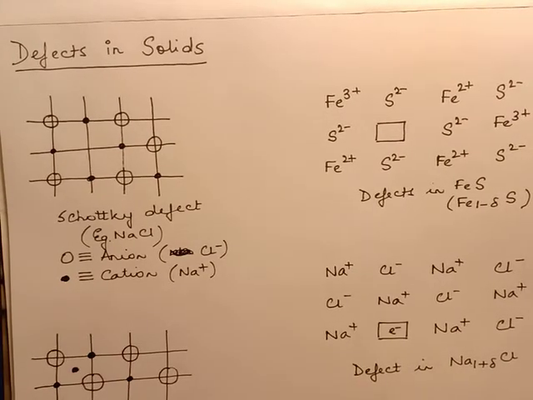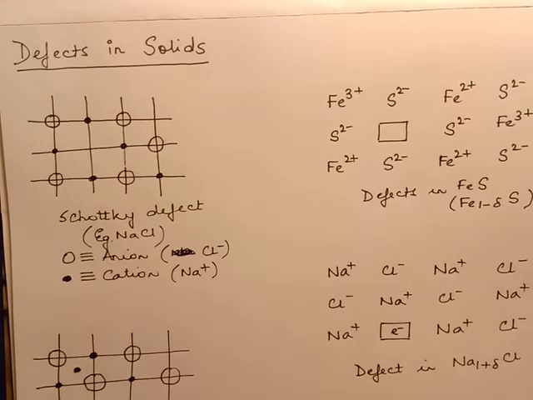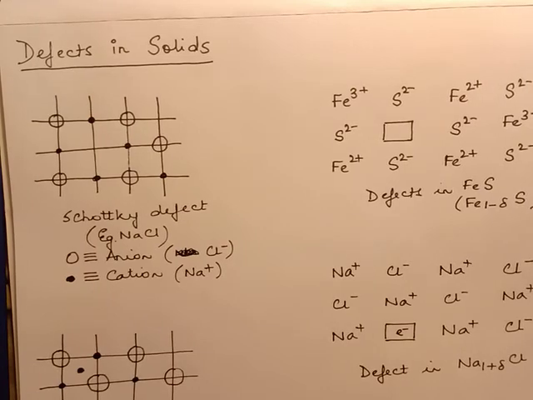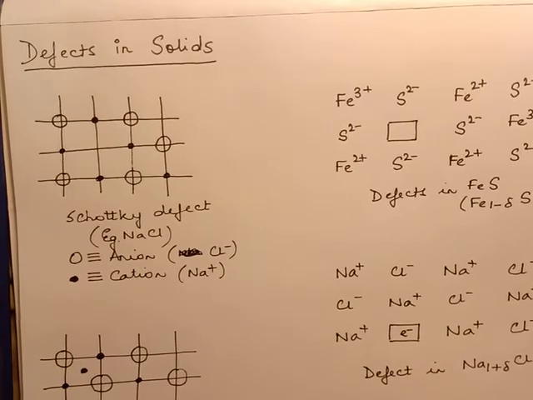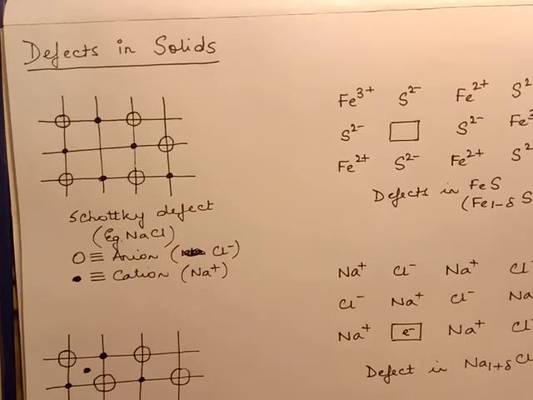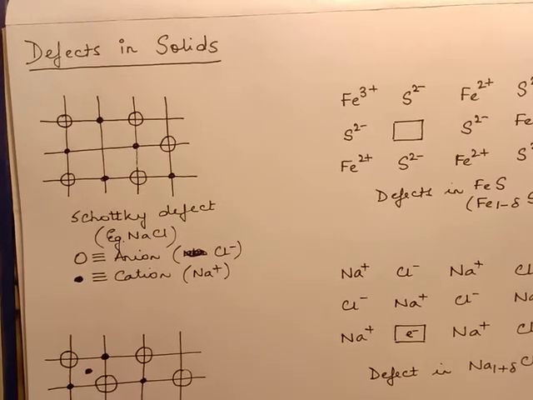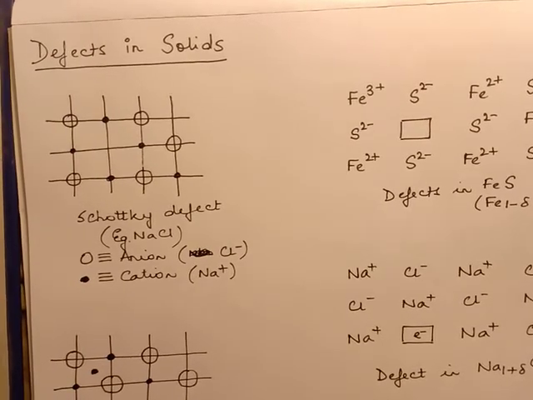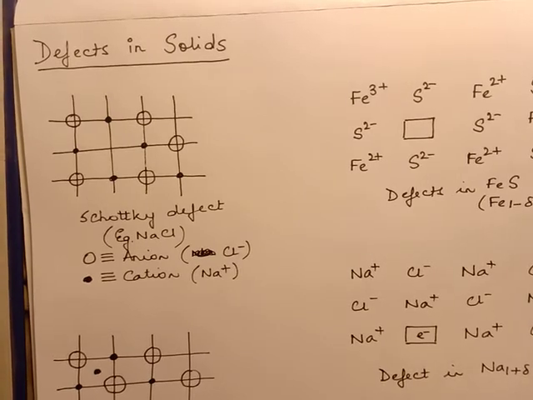Here delta represents the fraction of vacant cation sites per formula weight. So the electrical neutrality in this case is maintained by oxidizing the equivalent number of Fe2+ to Fe3+. So in this compound FeS, there are a certain number of ions which are Fe2+ and a certain number which are Fe3+, depending on how many are required to maintain the electrical neutrality.